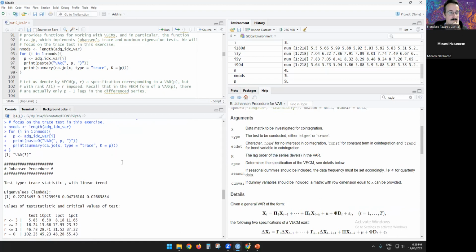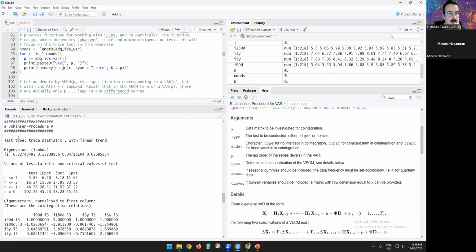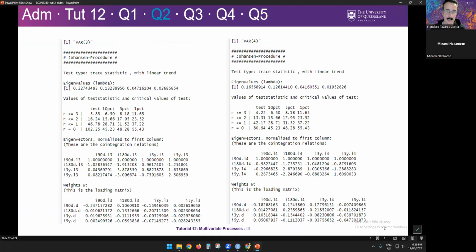So let's look at what it returns. Johansen procedure, then test statistics, trace statistic with linear trend. It's quite a lot of things. In this last tutorial, the only thing we will be looking at is the following. Look at this for VAR 3, VAR 4, and then we will have a look for VAR 5. The only thing we want you to focus on is this part in here.